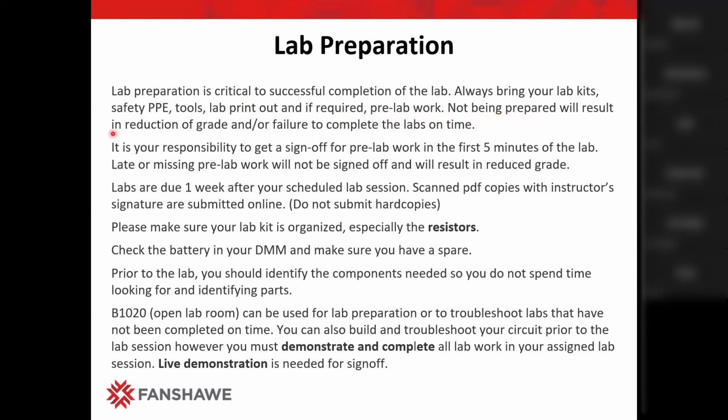Not being prepared will result in a reduction of the grade. There will be consequences for not being prepared. This is school, so you lose marks. At work, you lose jobs. It is your responsibility to get a sign-off for the pre-lab.